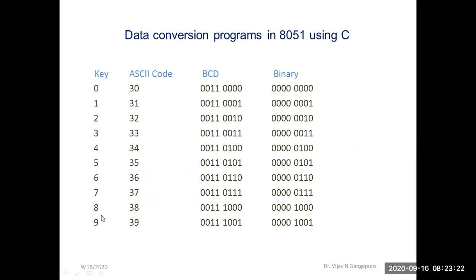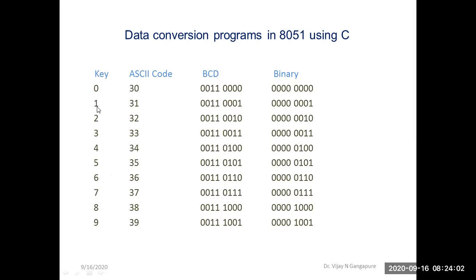Now before going to the actual conversion programs, see this table. The first column represents the number key, which ranges from 0, 1, 2, 3 up to 9. These are the keys available on the keyboard of your embedded system, or you can imagine the keyboard of your computer system, in which there are keys for these numbers. What happens when you actually press a particular key?